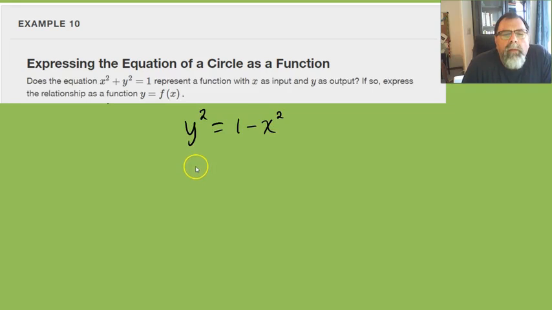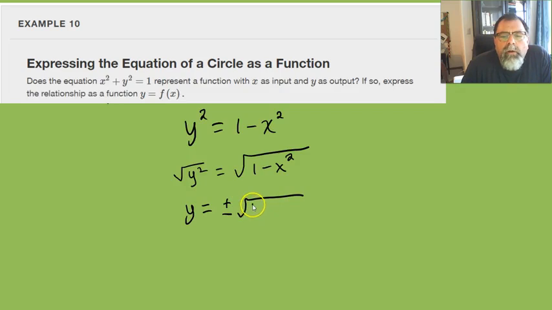Now here's the problem. If we square root both sides, we get the square root of y squared, and remember from what we talked about earlier, technically the square root of y squared would be the absolute value of y. So we get y equals plus or minus the square root of 1 minus x squared.